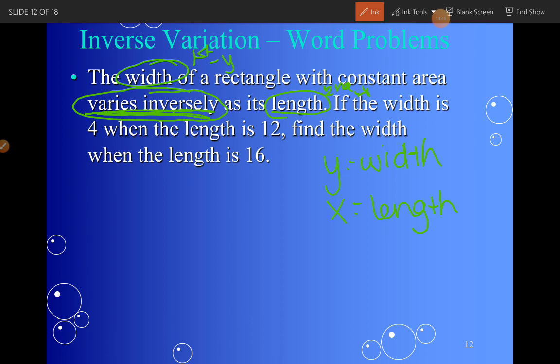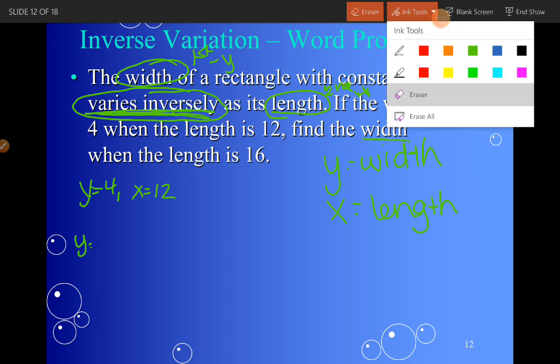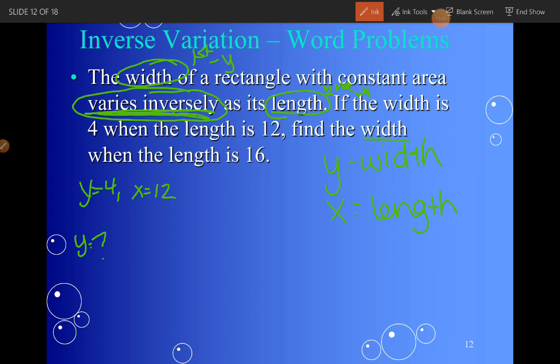So the length is going to be the x value. Okay, so if the width is 4 when the length is 12, so again, y is equal to 4 when x is equal to 12, find the width. So find y when x is equal to 6.